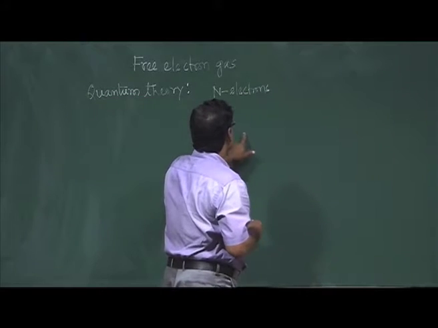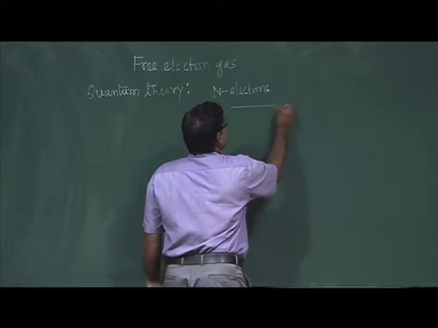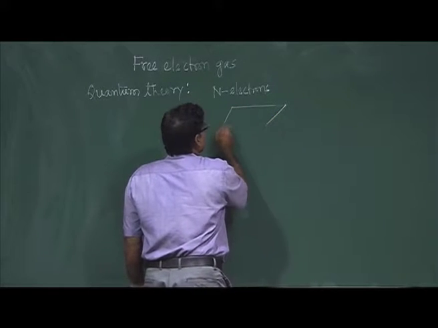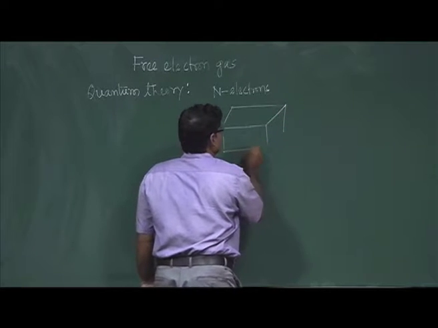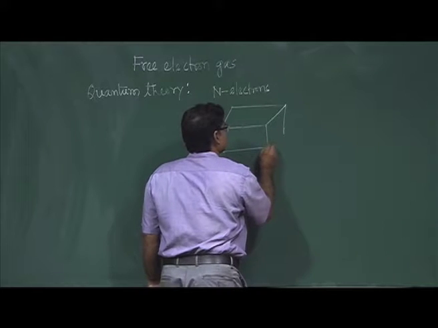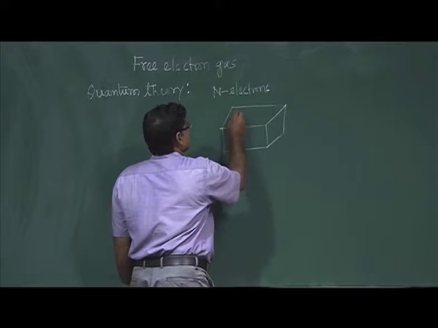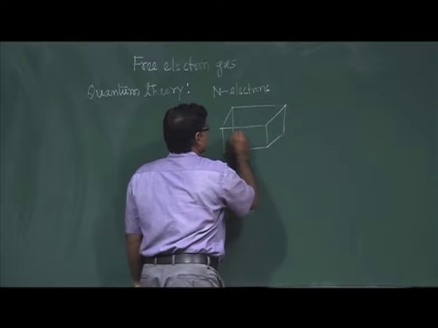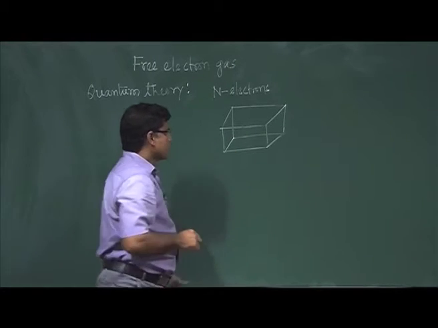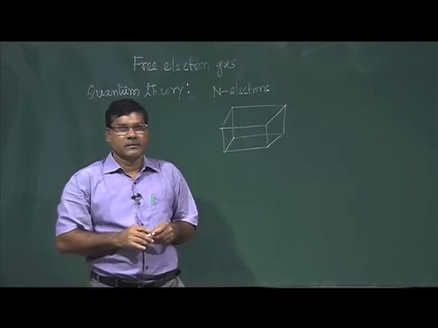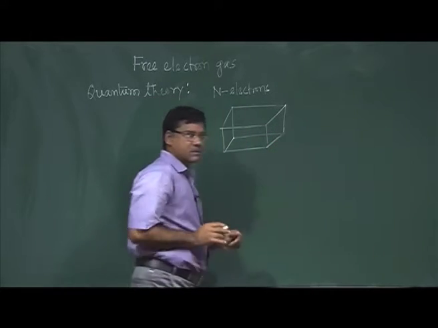So, in that metal box, what we have assumed? We have assumed that the electrons are in a 3 dimensional box.